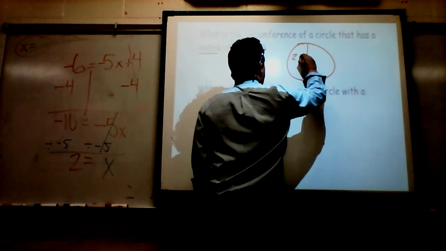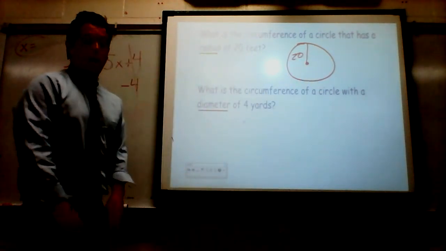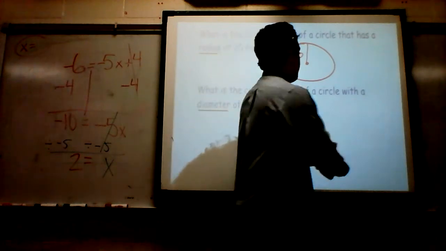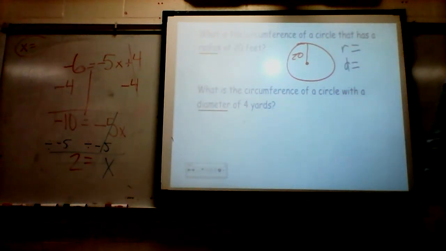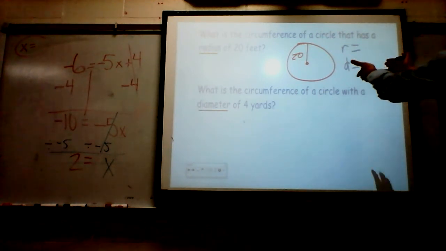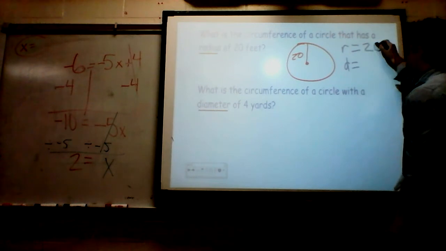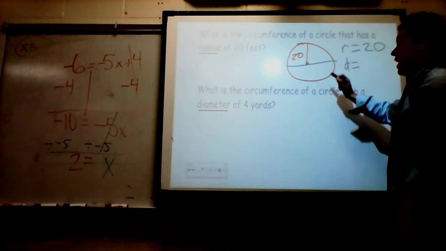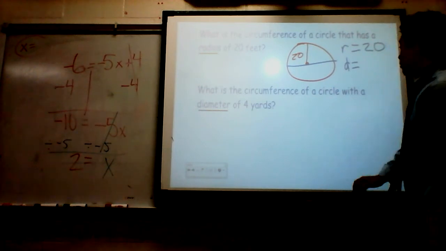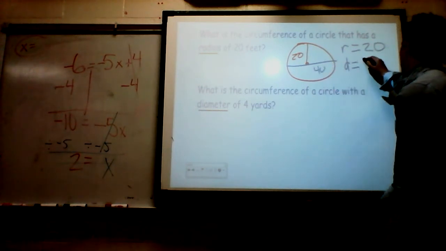I'm going to label that 20. Off to the side, I'm going to make sure that I mark down what the radius and diameter are of this circle, because these are the numbers that I'm going to use in my formula. If the radius is 20, the diameter has to be double that, so the diameter must be 40.